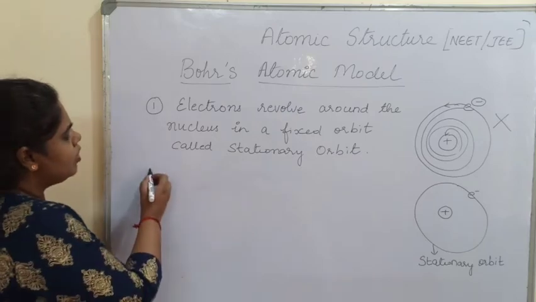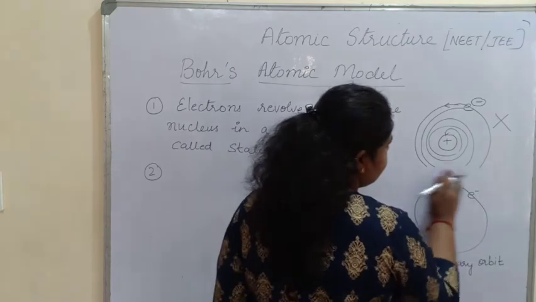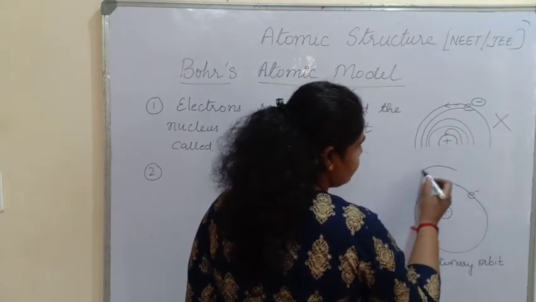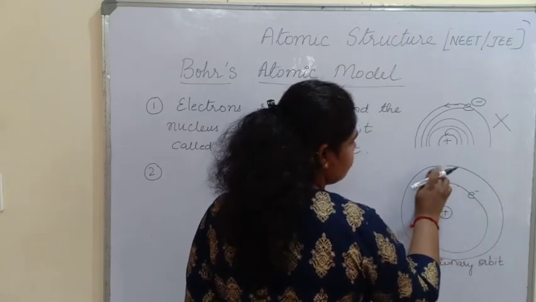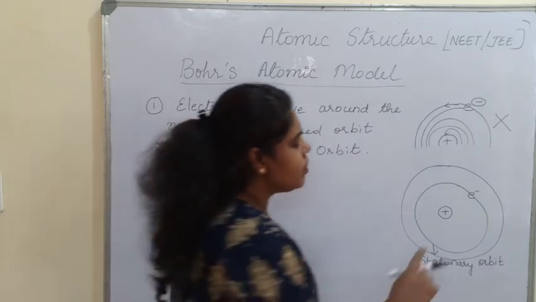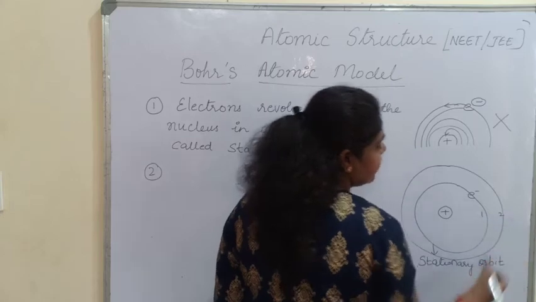Second, what he said is, let us take one more orbit here, the second orbit. Now the electron is present in the first orbit. Here is the first orbit and this is the second orbit.